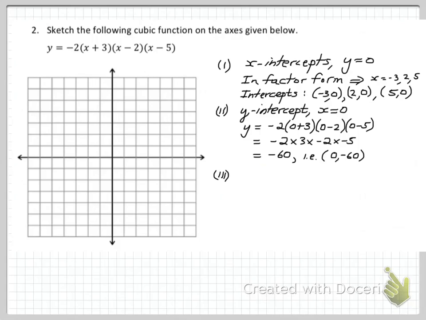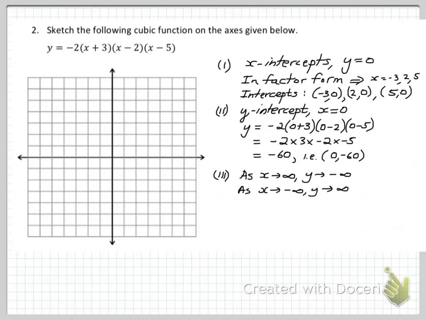Thirdly, once again, we want to look at some points around those intercepts, and also what happens when x approaches infinity and negative infinity. So once again, you could substitute 1000 and see the effect, and -1000 and see the effect of that.